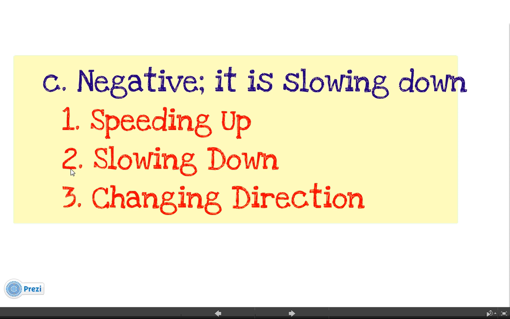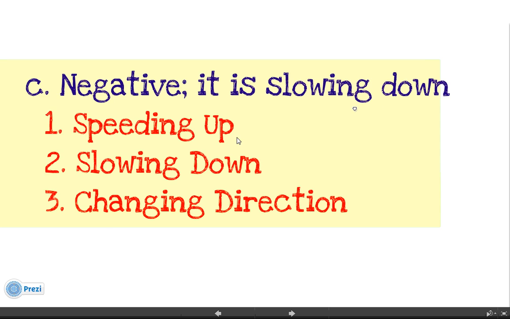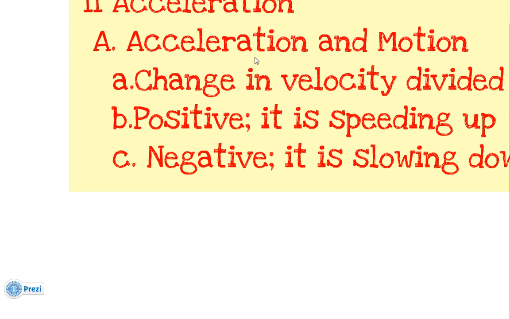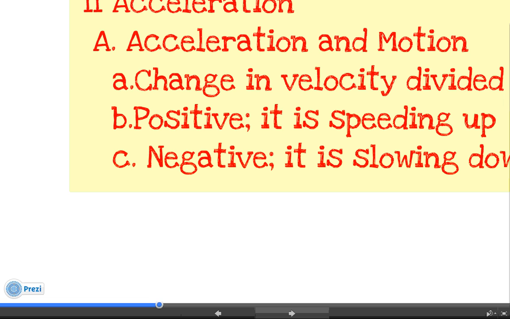Speeding up, slowing down, changing direction. Those are the three ways in which you have acceleration. What does that remind you of? Three ways acceleration changes, and the three ways that velocity can change. Remember that?